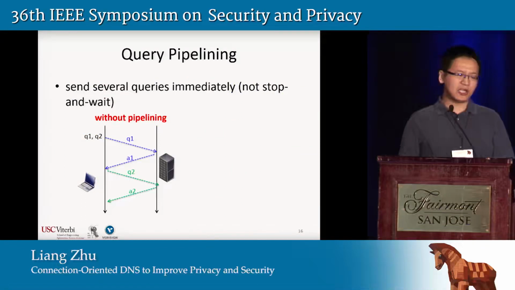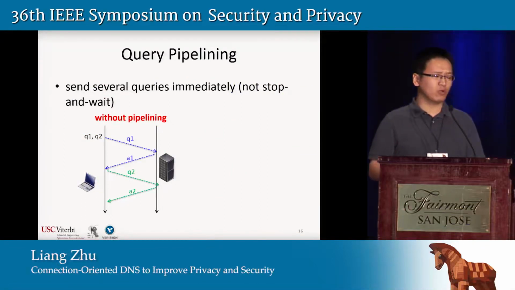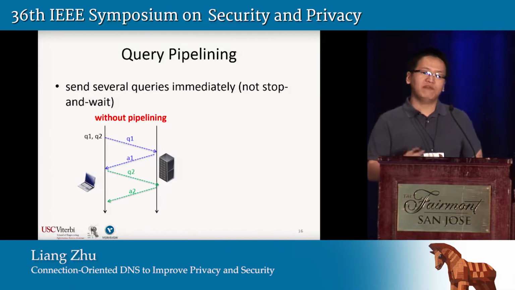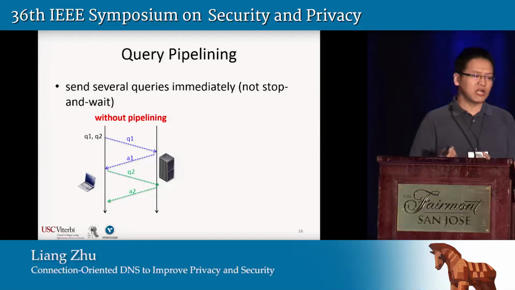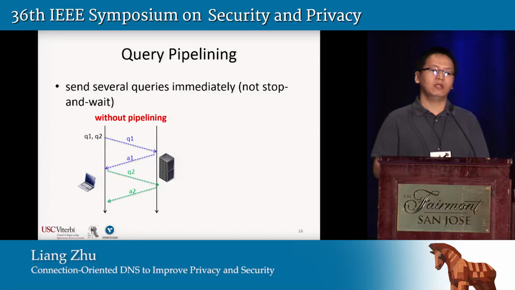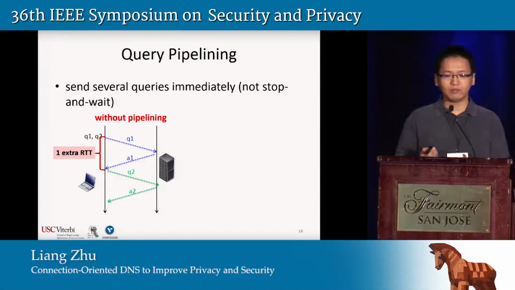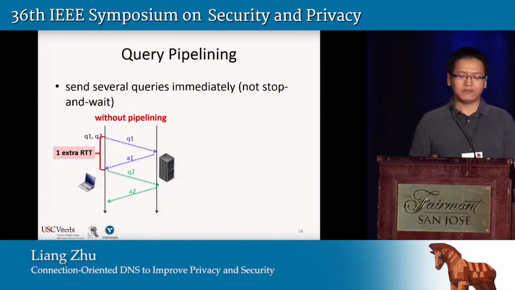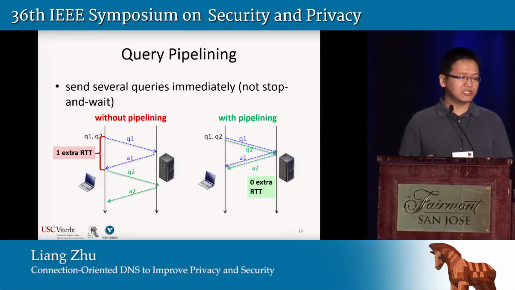The second implementation choice is query pipelining. By default, you have a TCP connection, you send a query, you get a response, and then you send another query. It's not efficient because there is 1 extra RTT. So it's very important to send multiple queries at the same time.